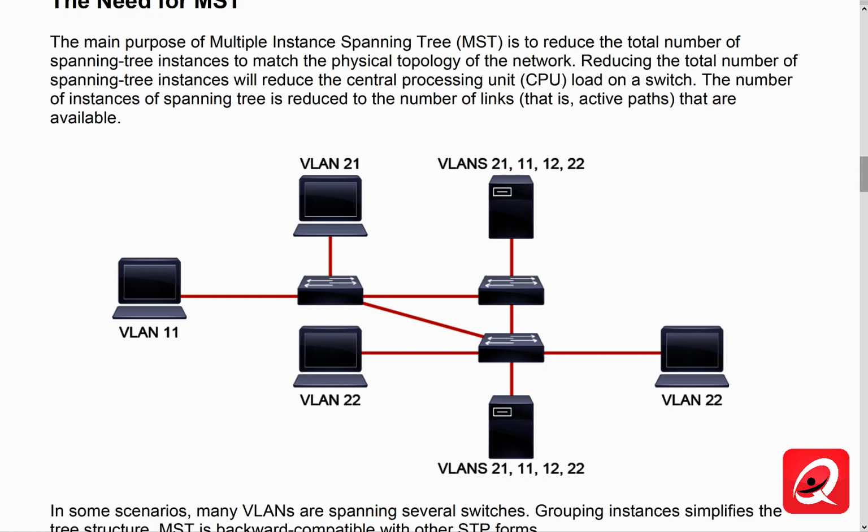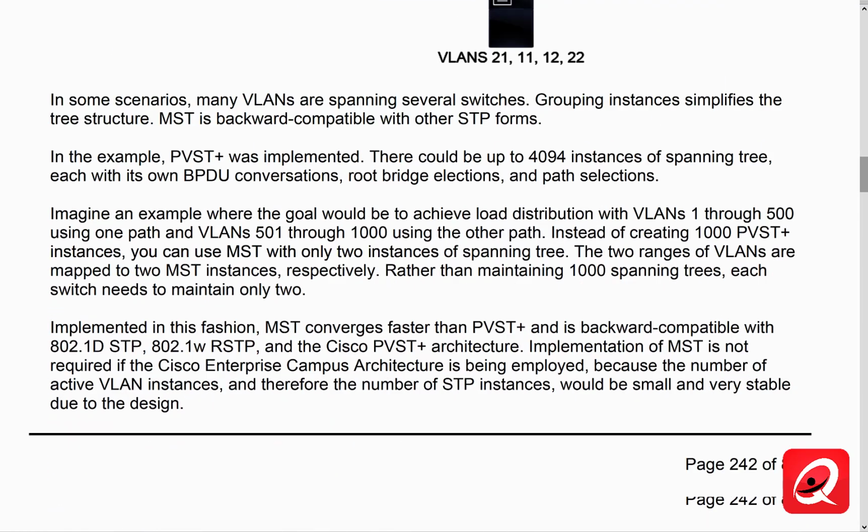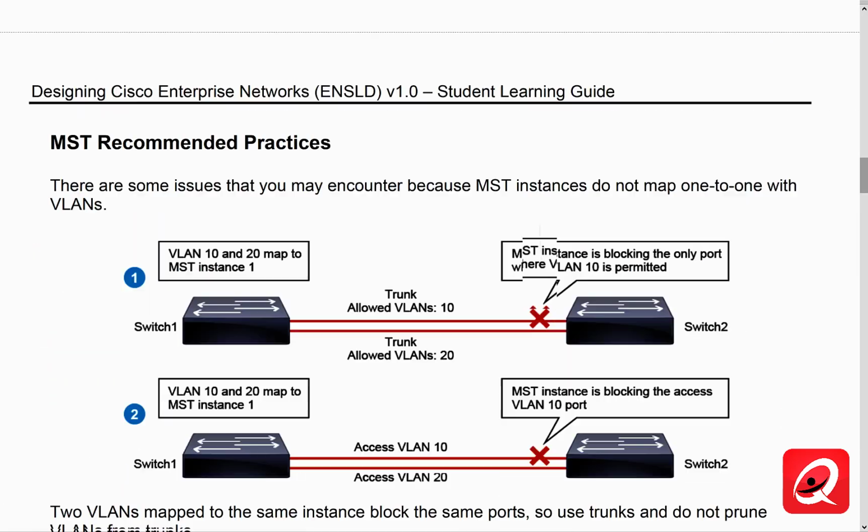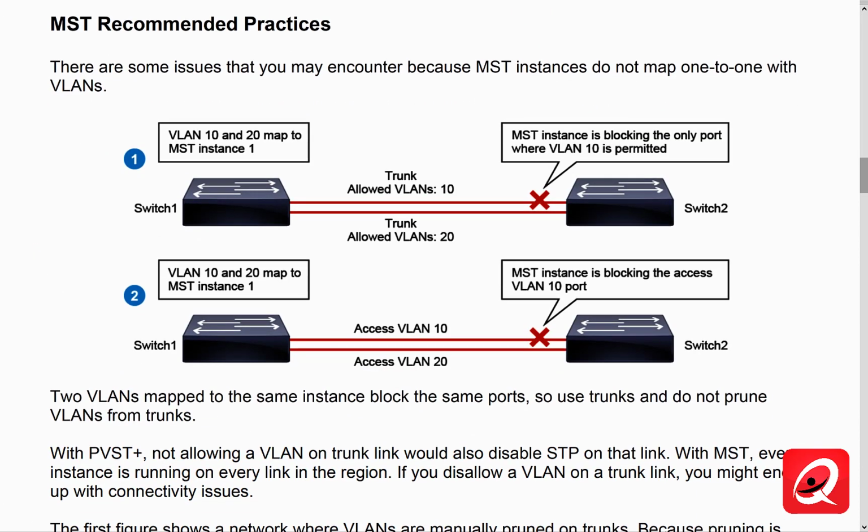In the multiple instance spanning tree process, or MST process, we're using rapid spanning tree as our underlying convergence protocol. So we're still following all of the same logic and concepts that rapid spanning tree uses, but we are adding efficiency by only creating spanning tree per instance.